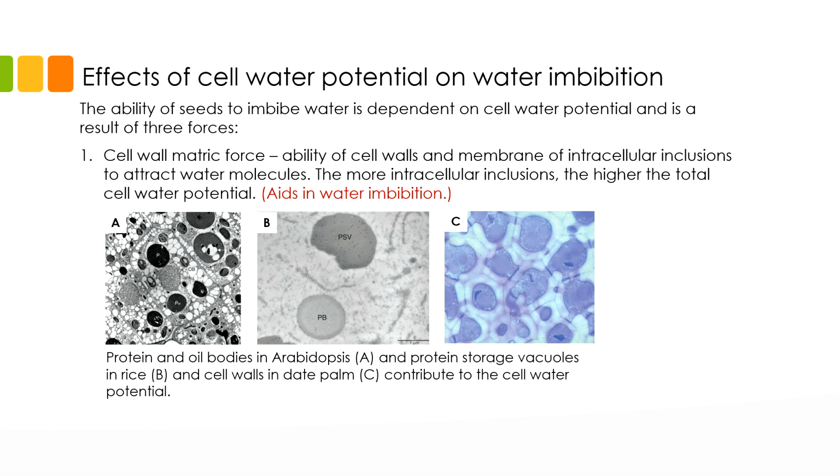Panel B illustrates protein storage vacuoles and protein bodies in rice, labeled as PSV and PB respectively. And finally, in panel C, you can see here cell walls in date palm. All these structures are enclosed in cell membranes, which contribute to the cell water potential. In general, cell matrix force aids in water imbibition.